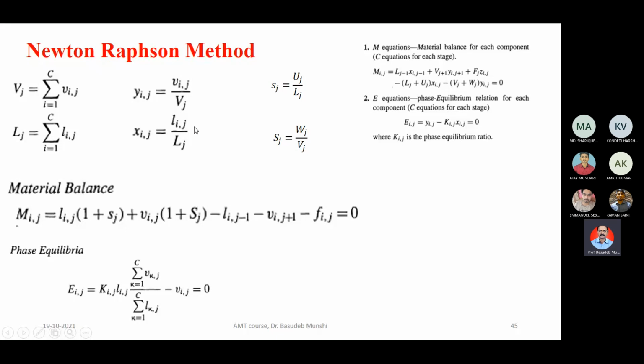Lj into Xij is equal to small Lij. So this term will become 1 plus small Sj into small Lij. Similarly, this term will become 1 plus capital Sj into small Vij. So that is what is written here.